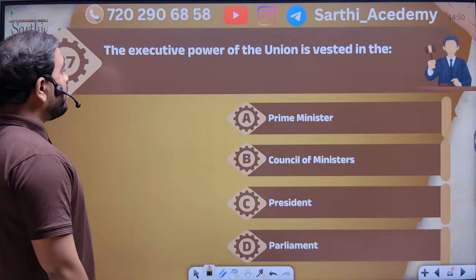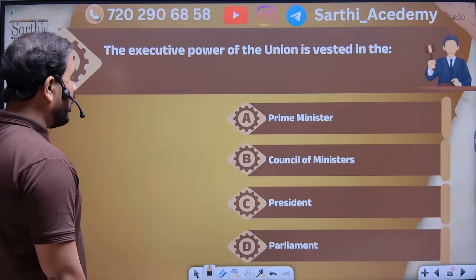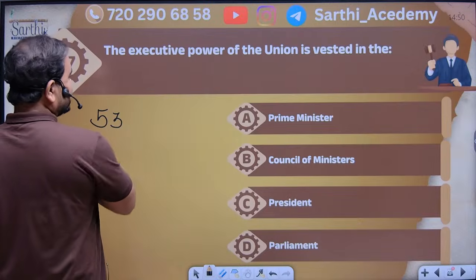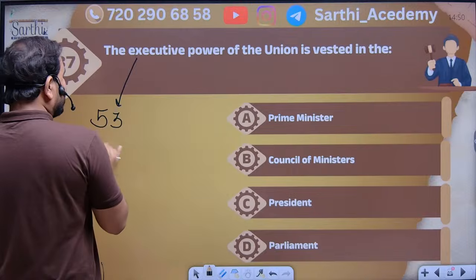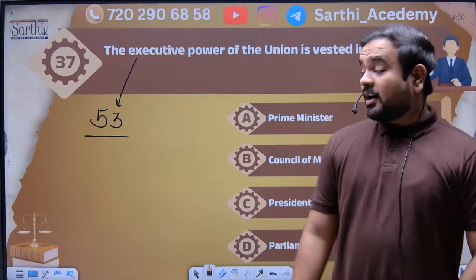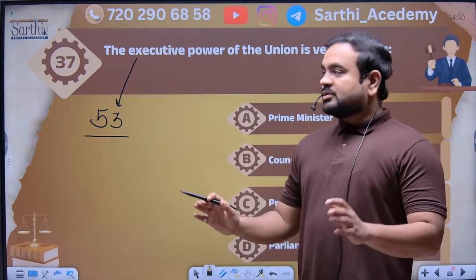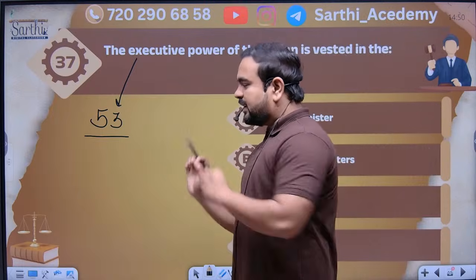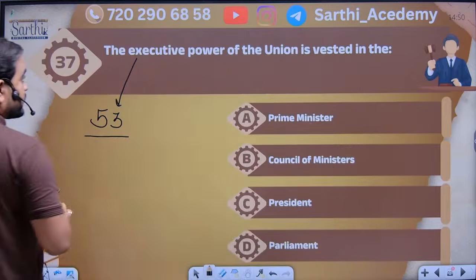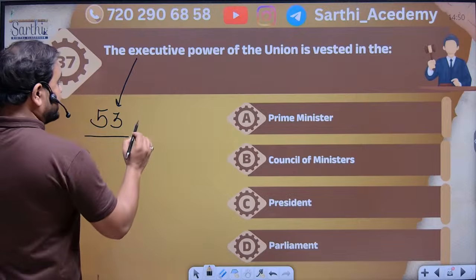The executive power of the union is vested in the hand of article number 53. If you know the provision of article number 53, you can easily give the answer of this question.